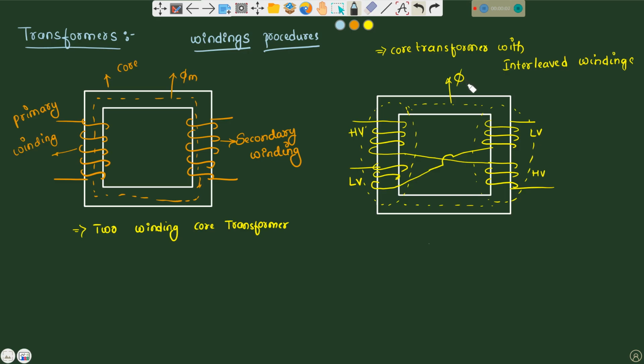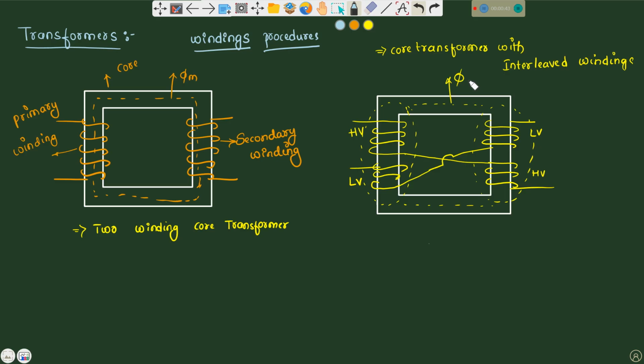So in the previous class we have discussed transformers, statically induced EMF, types of statically induced EMF and mutually induced EMF. Along with that we have studied magnetic coupling, how the magnetic coupling takes place, the notations, and also the construction of a transformer, what parts we have in transformers, like the transformer core and transformer winding.